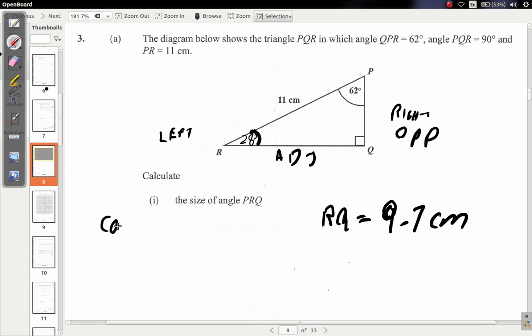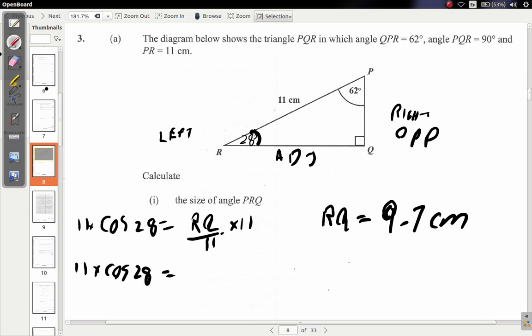We're going to say the cosine of 28 equals adjacent, that is RQ, over hypotenuse, that is 11. So when you multiply both sides by 11, you have 11 times cosine 28 equals RQ, since the 11 cancels the 11. So RQ would be 11 times cos 28.